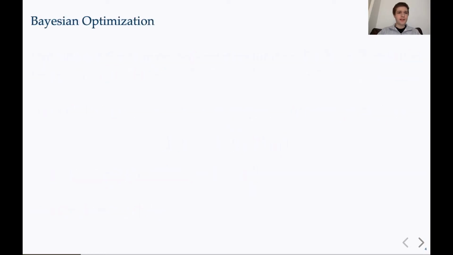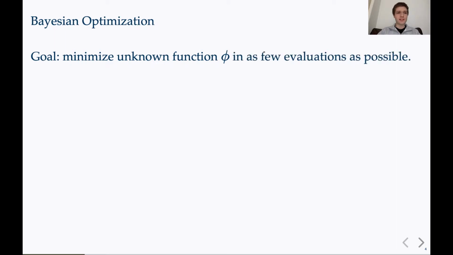One of the key ways in which Gaussian processes are used is to build probabilistic decision systems such as Bayesian optimization. Here, our goal is to globally minimize an unknown function phi using as few pointwise evaluations as possible. The locations at which phi is to be evaluated are chosen one by one.